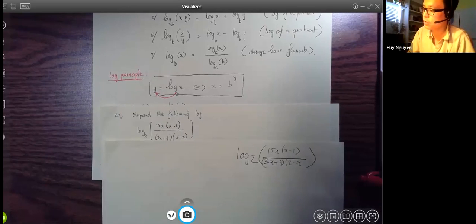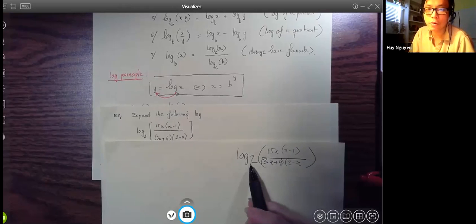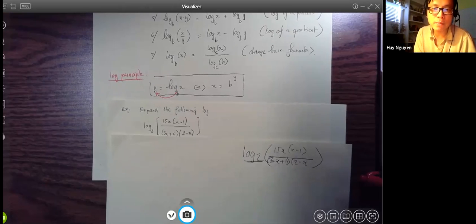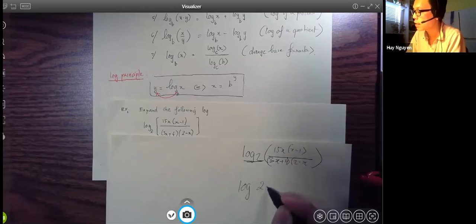The reason that you shouldn't write like this is that the subscript, the base 2 over here, is almost on the same level as the log. Some of you have this mistake: later on you think this is log of 2 times 15x, 2 minus.